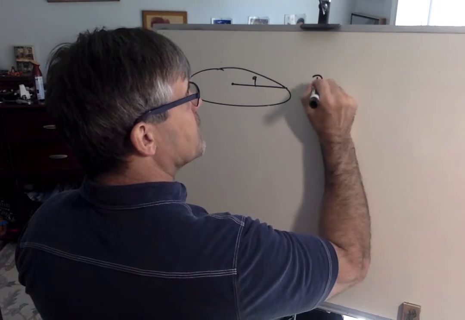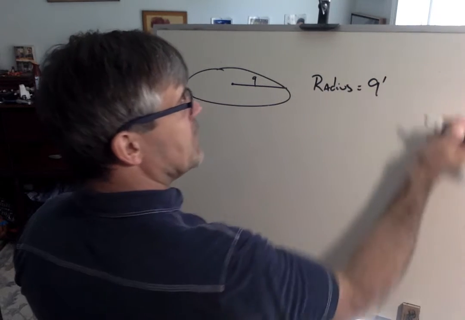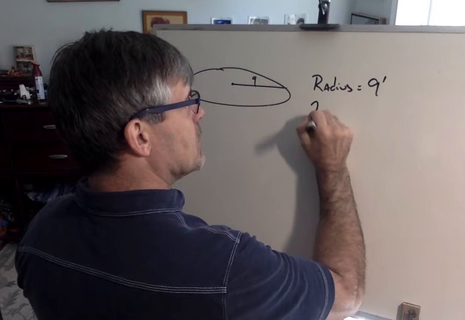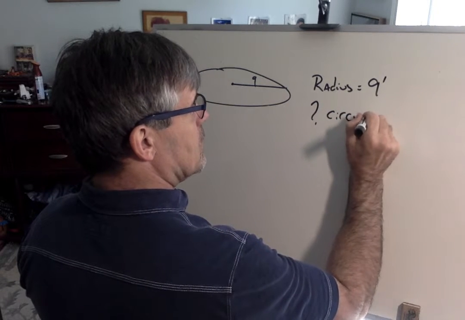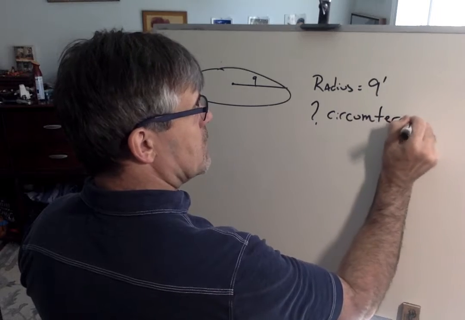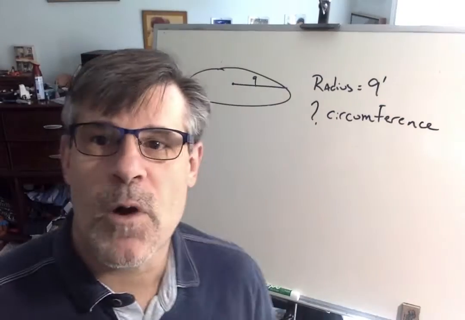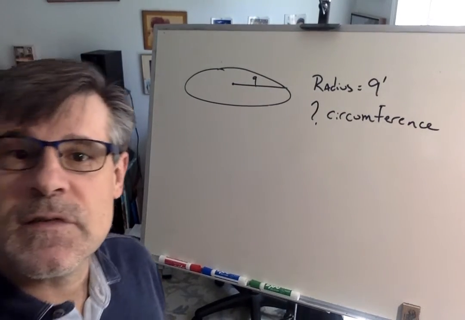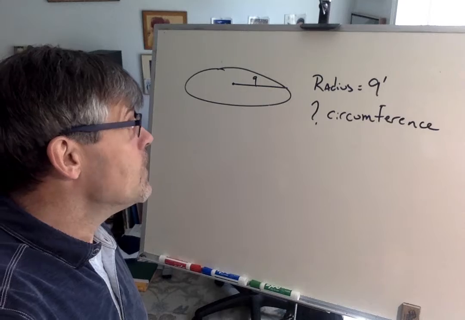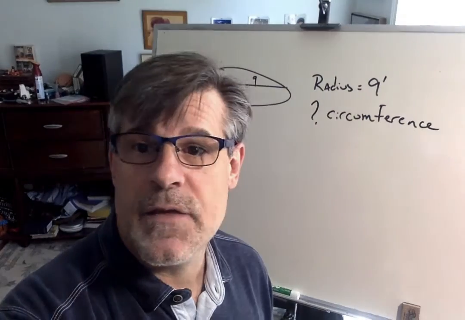So radius equals 9 feet, question mark for the circumference. Okay, so I want you guys to see what you can do with that. I'm not going to help you on this. I want to find out what the circumference is, so just type that in the chat, Sarah E. and Tamel.